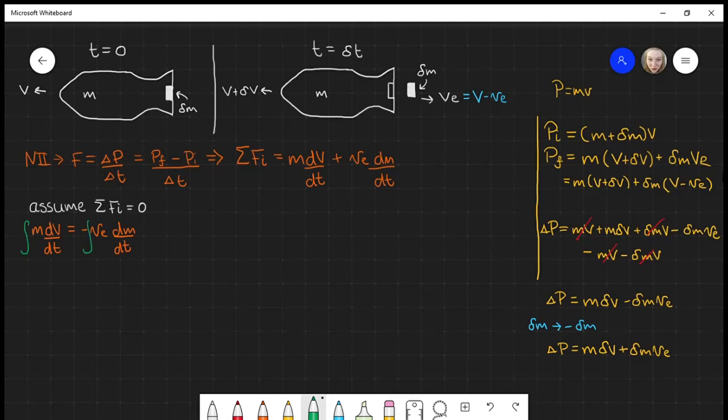Integrate both sides with respect to time. You end up with mass times velocity between the initial and final. Now divide by m so you end up with just the velocity on the left hand side.